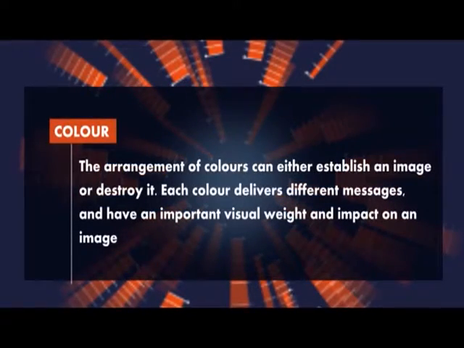Intensity refers to the purity of the hue. Arrangement of colors can either establish an image or destroy it. Each color delivers different messages and has an important visual weight and impact on an image.